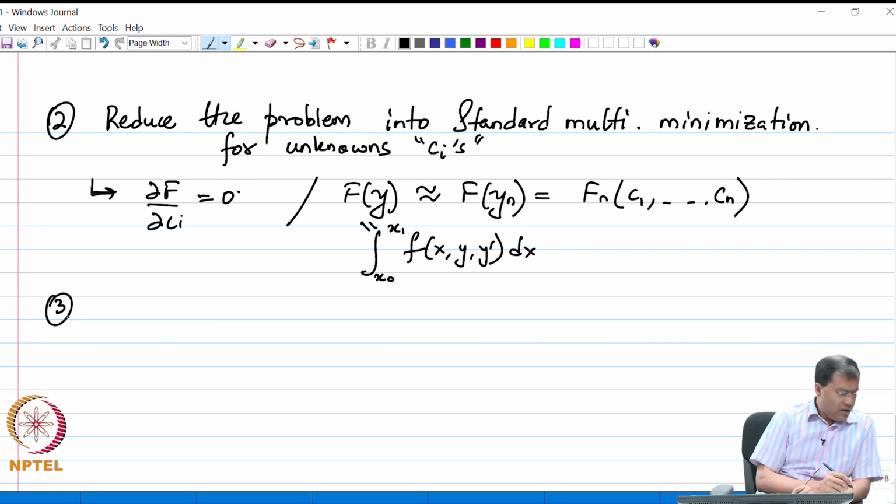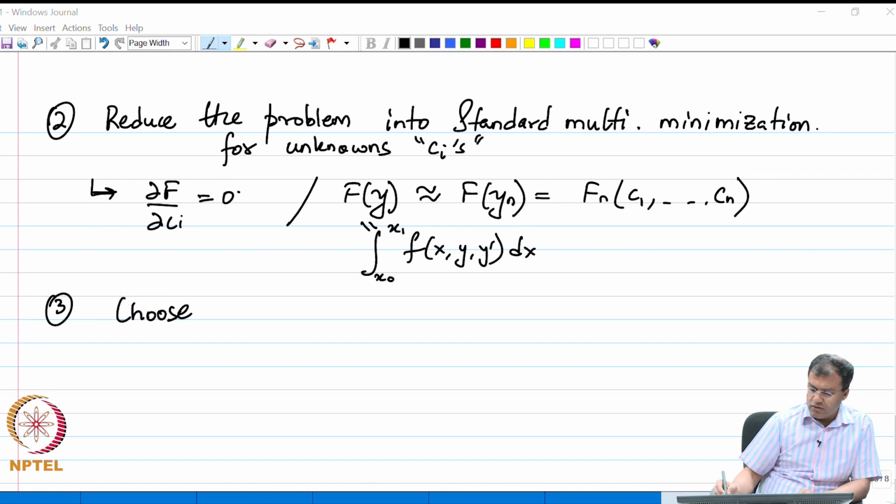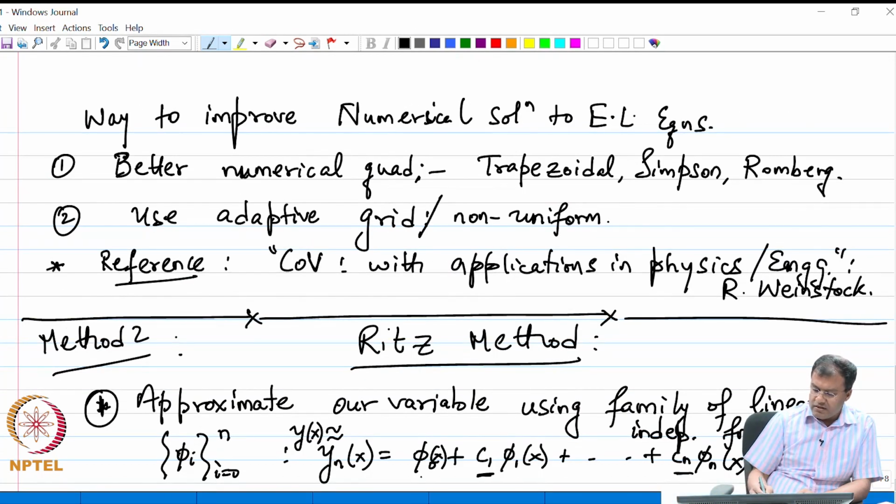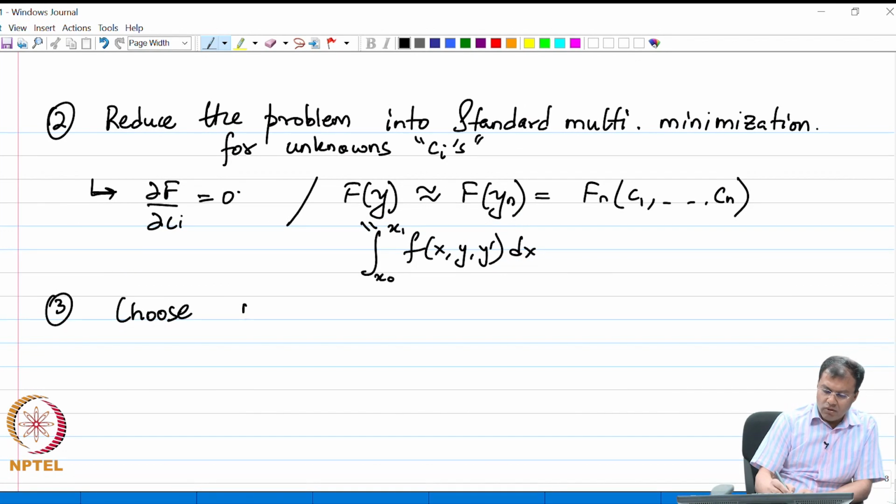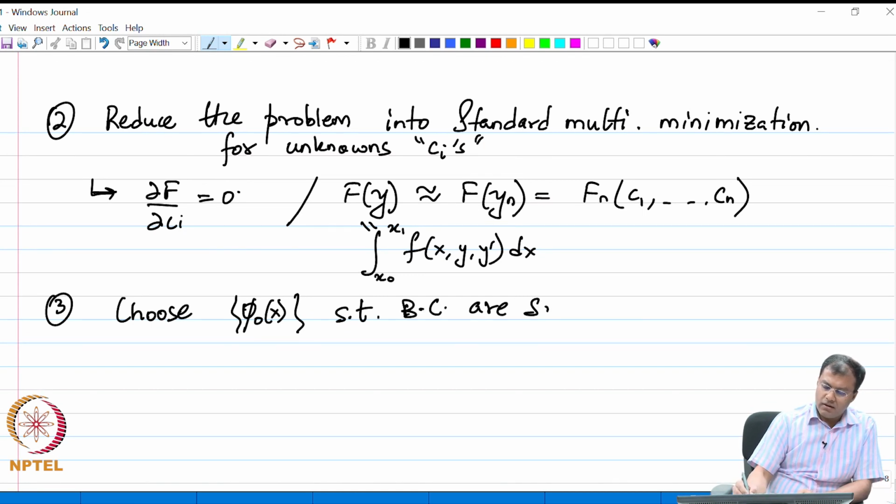Okay. Let me just write down all the points, and I am going to highlight this method with an example. Further, in our choice of phi i's, notice that I have started with phi 0 with a coefficient 1, and then phi 1 to phi n. So we choose phi 0 of x such that the boundary conditions are satisfied.